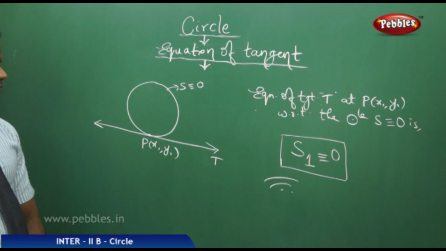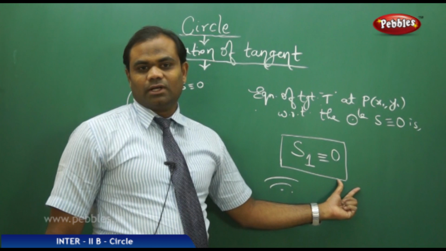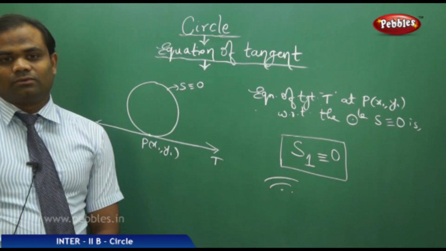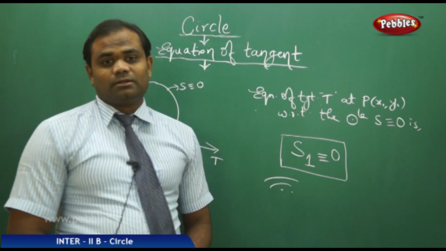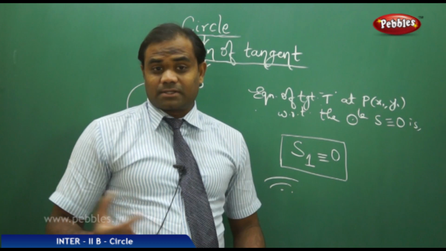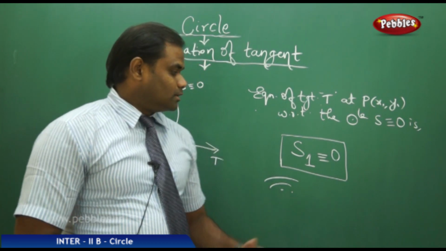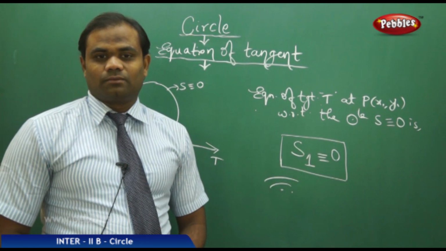So when I want to find the equation of tangent at P with respect to the circle S equal to 0, it is S1 equal to 0. We know that S1 is xx1 plus yy1 plus g times (x plus x1) plus f times (y plus y1) plus c equal to 0, which is the equation of tangent for a circle S equal to 0.